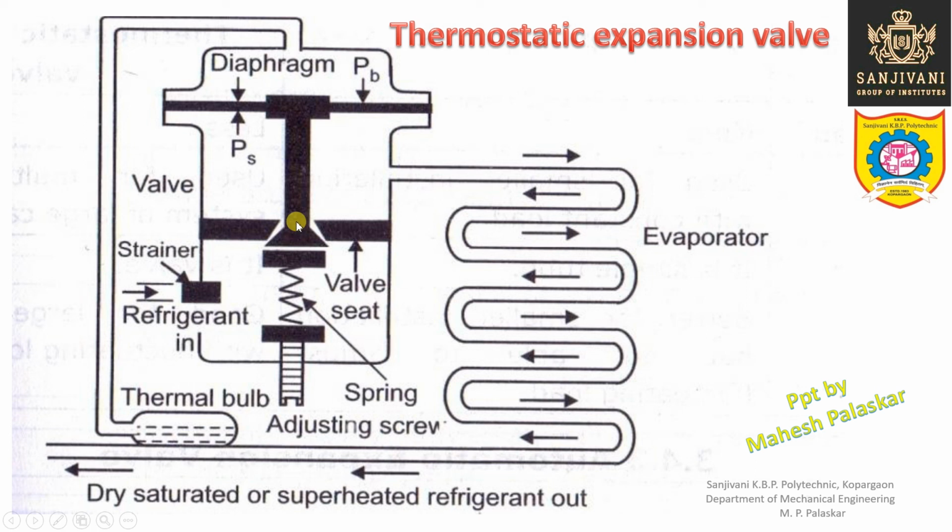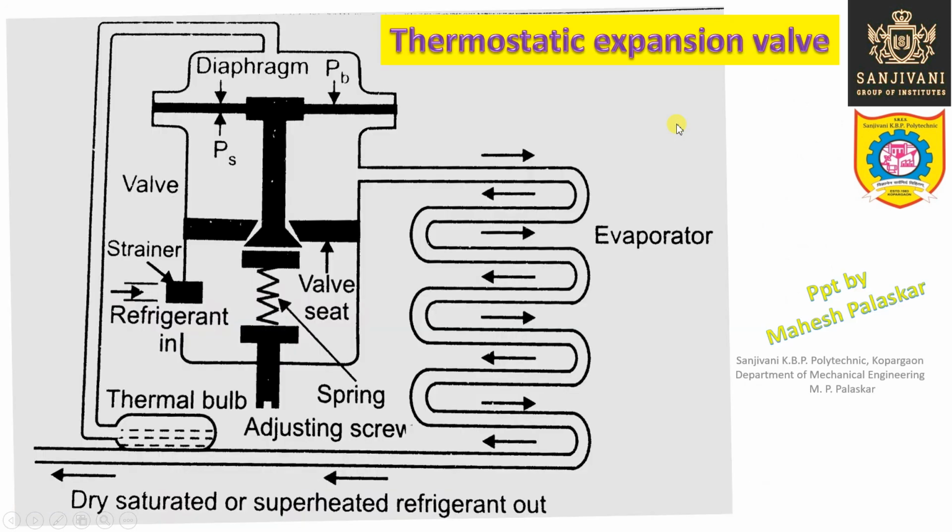So due to that, this valve will move slightly in the upward direction, so that will increase the restriction and decrease the flow area available for the refrigerant towards the evaporator, and therefore the flow rate of the refrigerant which is flowing to the evaporator will be reduced, and this will take care of the reduced load on the evaporator. So this is the working of the thermostatic expansion valve.